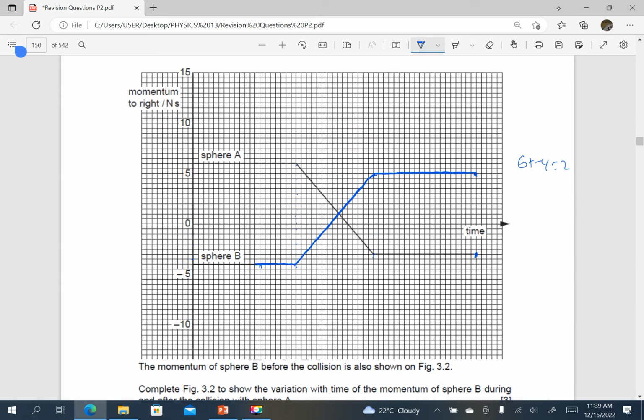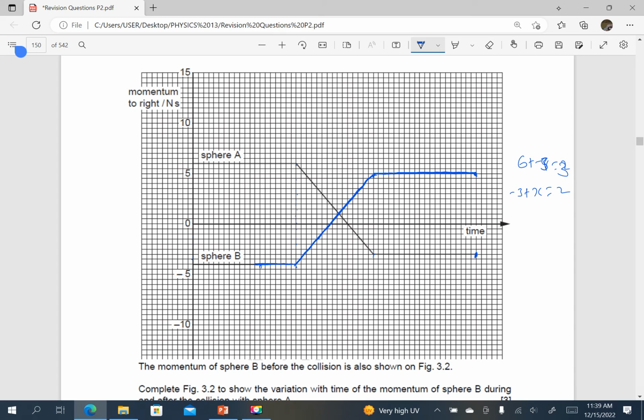No, the other one was -3 plus x should give us 2. 1, 2, 3. 6 plus -3, that is 3.